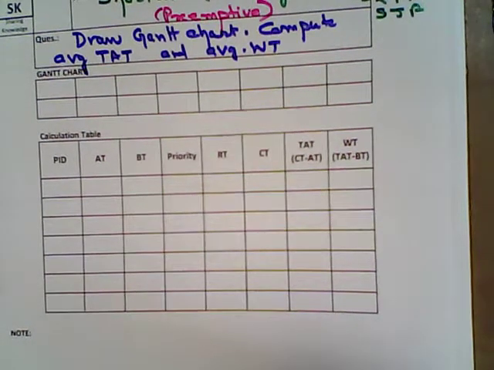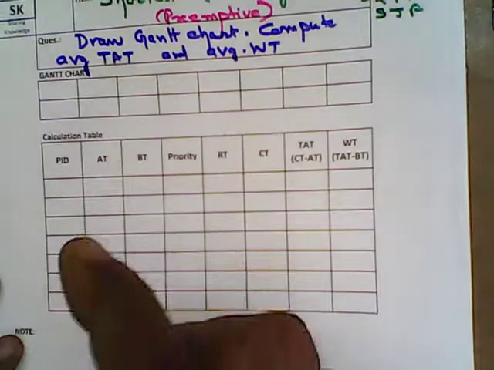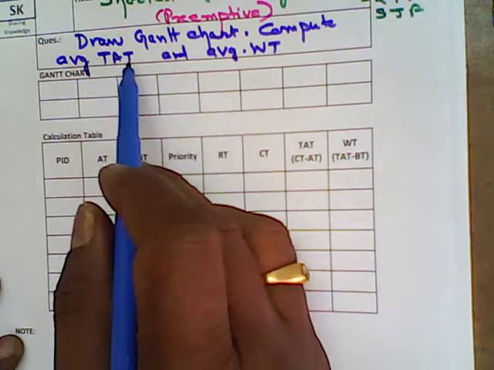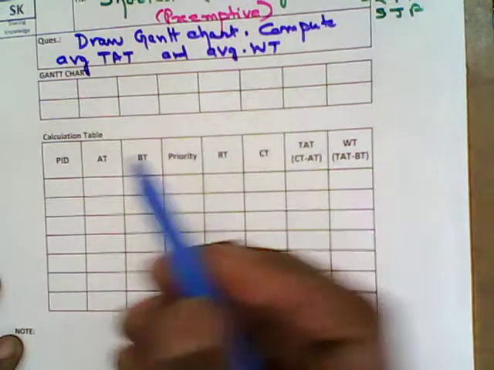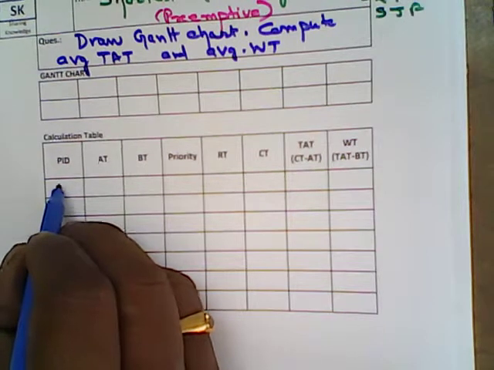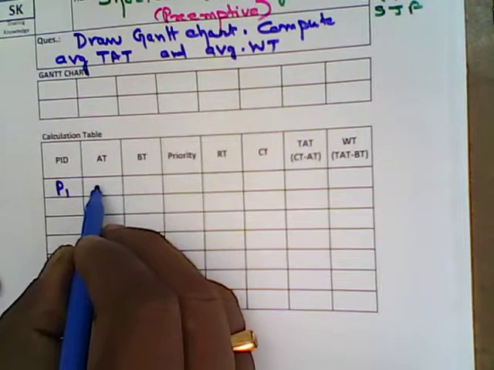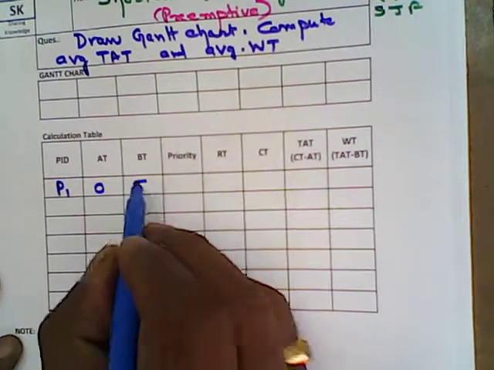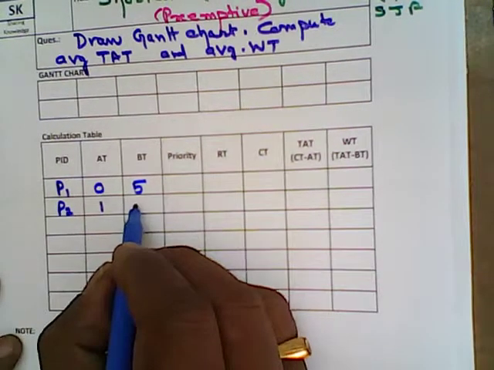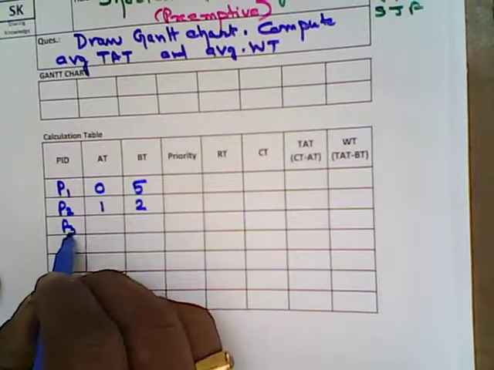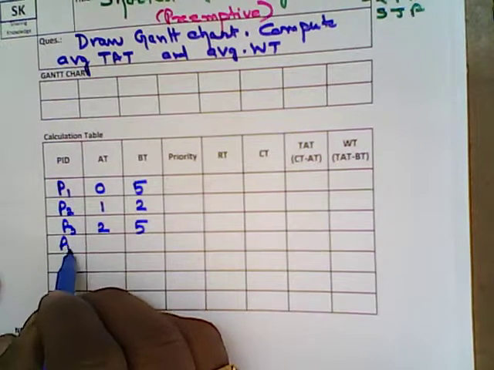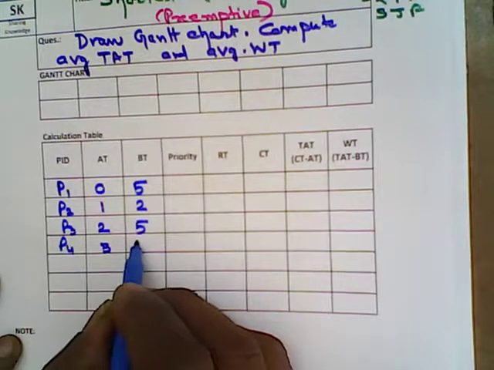Now in the given problem, draw a Gantt chart and compute the average turnaround time and average waiting time for the table, which I can put as new processes: P1, arrival time 0, burst time 5; P2, arrival time 1, burst time 2; P3, arrival time 2, burst time 5; P4, arrival time 3, burst time 3.